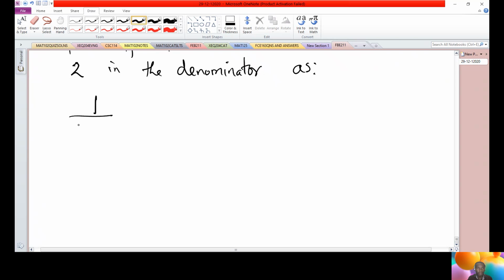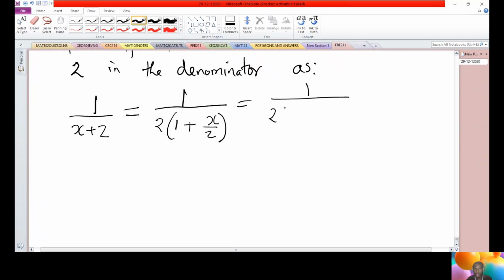So we write 1 over x plus 2 is nothing but 1 over 2 into 1 plus x over 2. You see, when you open, you get the same thing here. Which is the same thing as 1 over 2 into 1 minus minus x over 2, which is still the same expression.